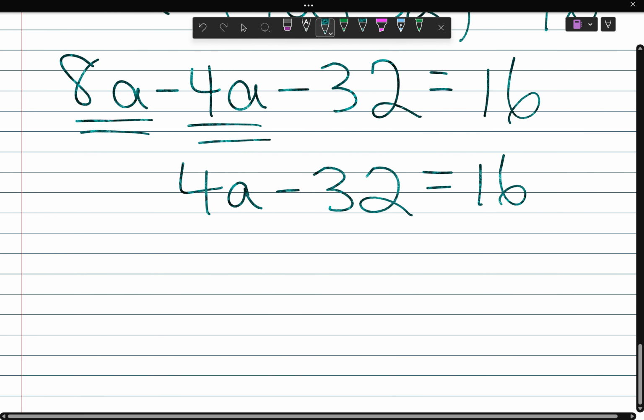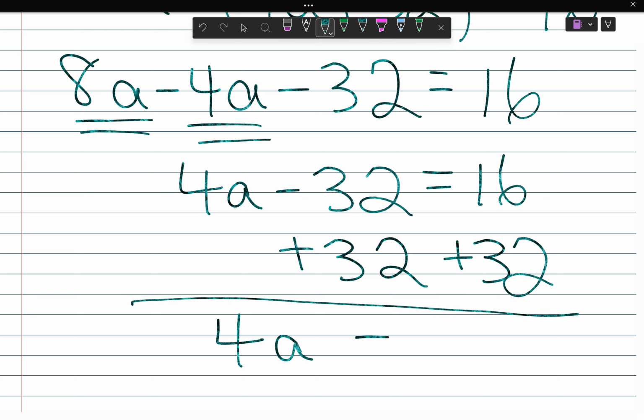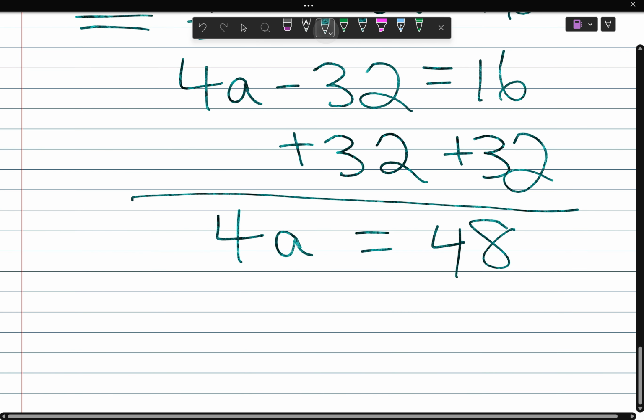I want to get the 4a by itself, so I'm going to add 32 to both sides now. So adding 32 to both sides, on the left-hand side of the equal sign, I'm left with 4a is equal to, then the 16 plus 32 is 48. Between 4 and a is multiplication, so I do the opposite, which is division. Divide by what's next to the variable.